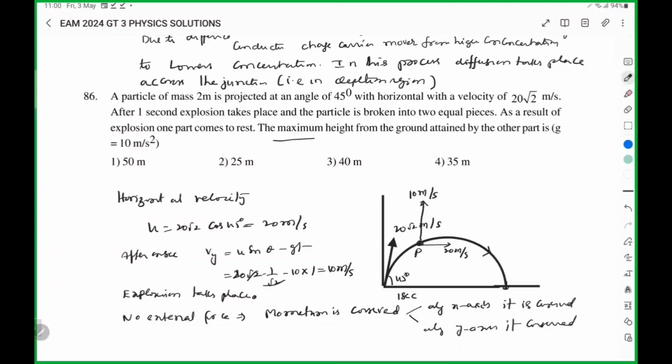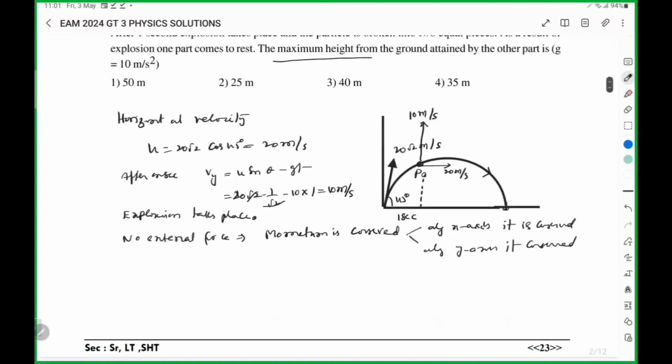Since the question asks for maximum height after the explosion, one of the particles comes to rest, so it falls down. The other particle continues to move with some velocity. With what velocity means momentum along the y-axis.